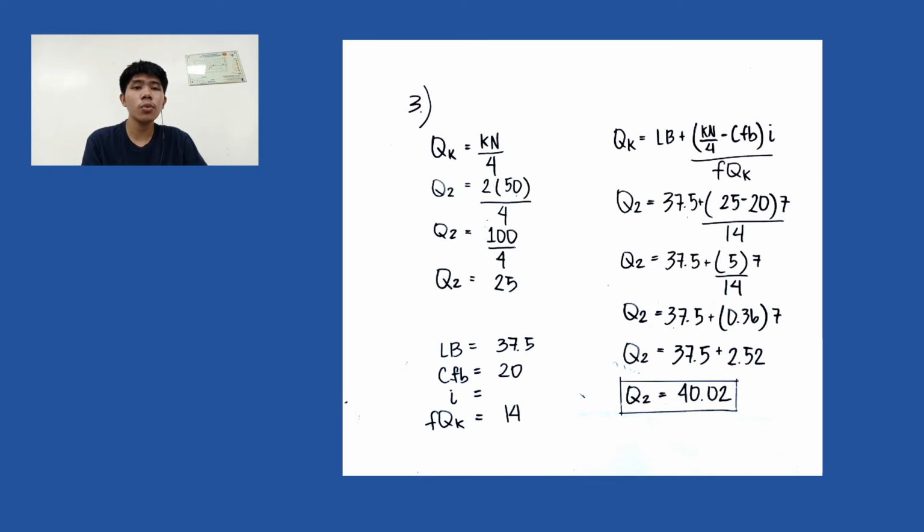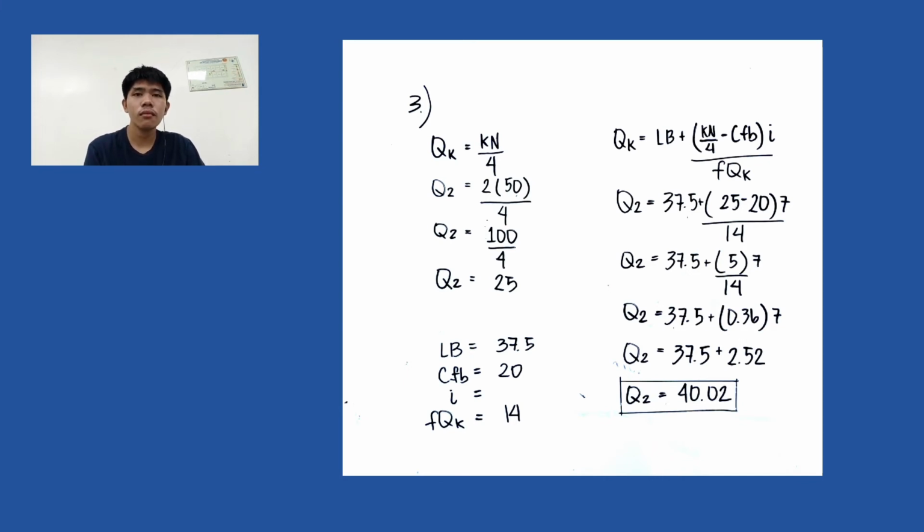First, we will solve for the numbers within the parentheses. So 25 minus 20 will give us 5. Q sub 2 is equal to 37.5 plus 5 over 14 times 7. Now we will divide 5 by 14. So 5 divided by 14 will give us 0.37.